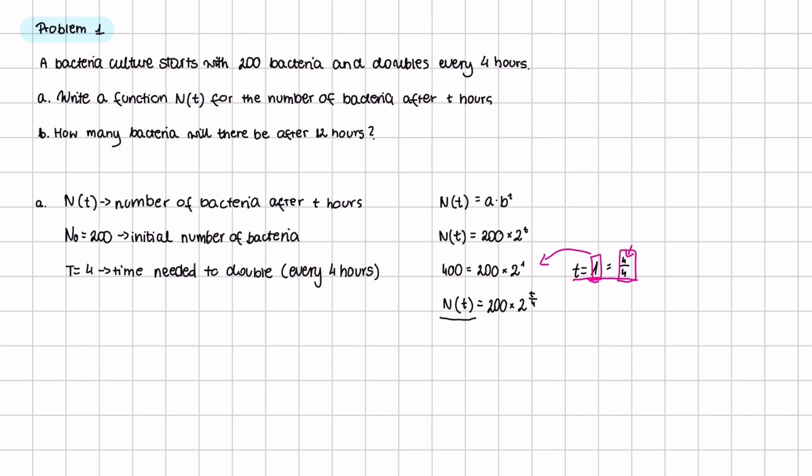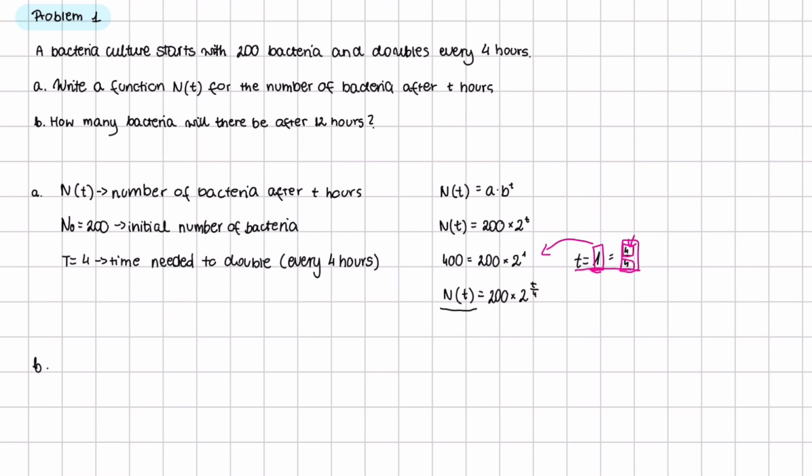So this number will change for any other amount of time. But this stays the same because it is constant, because it doubles every 4 hours, and this was our amount of time that we have checked for this exercise.